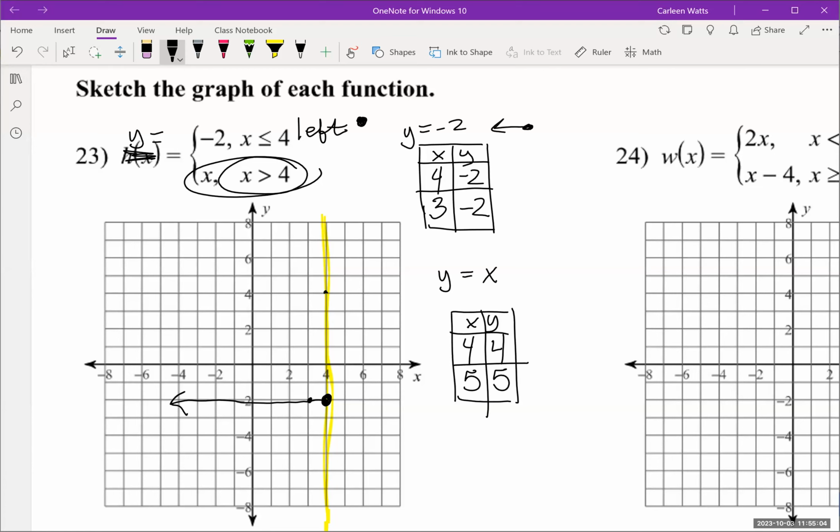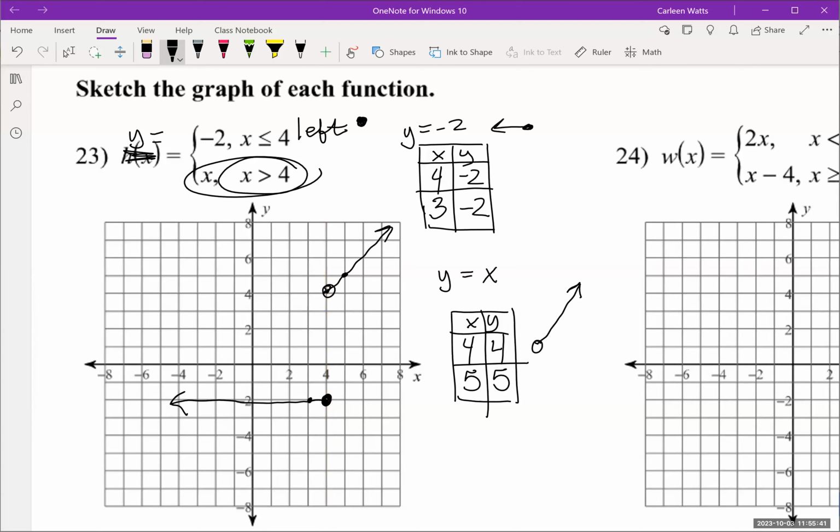Y is 5. So this is an arrow pointing to the right with an open circle. Erase the boundary line. And there's our graph.